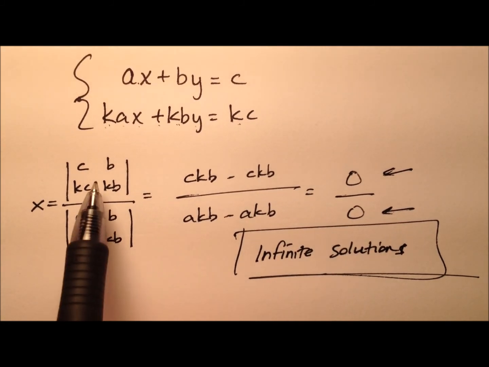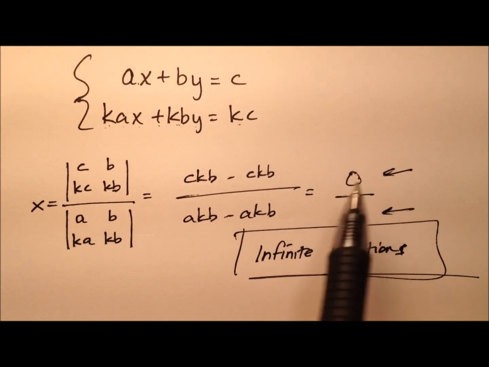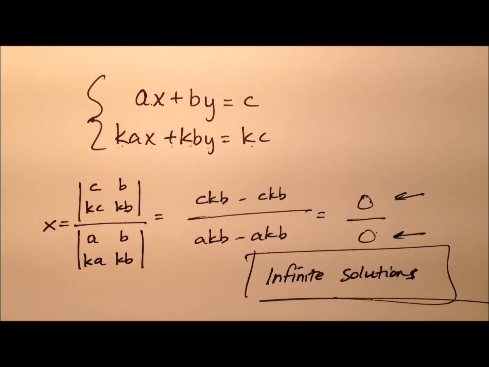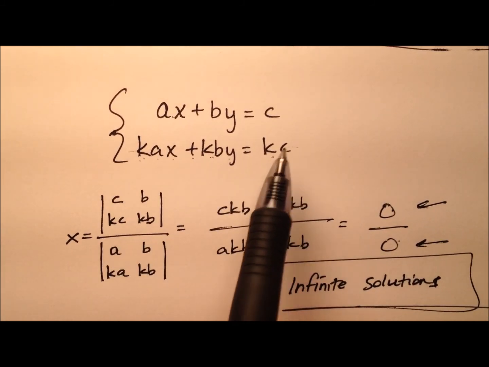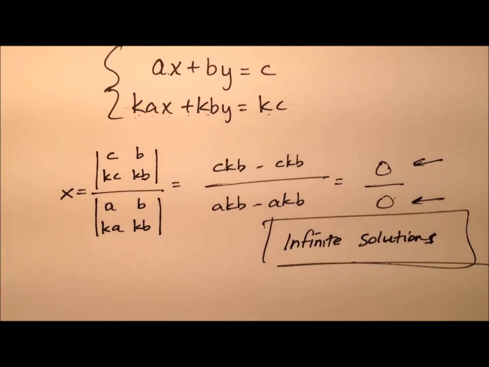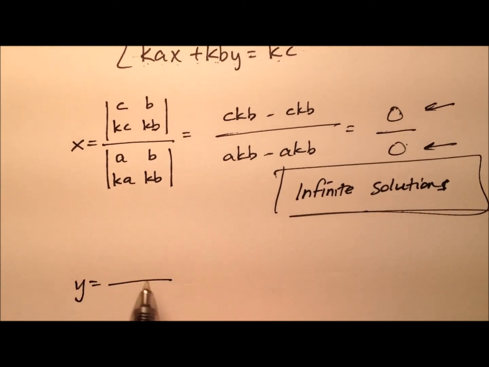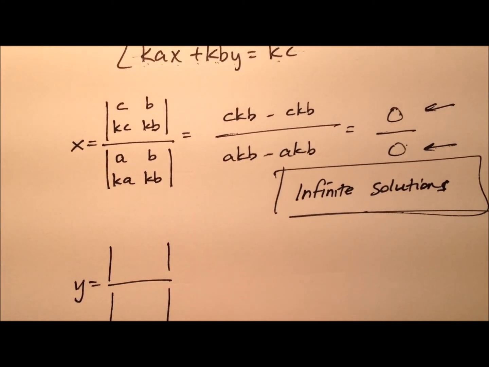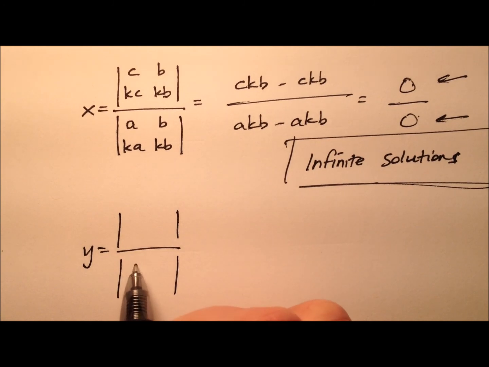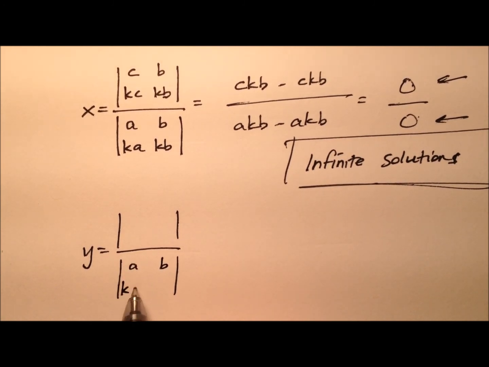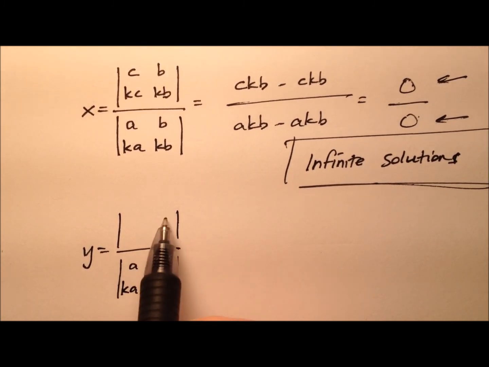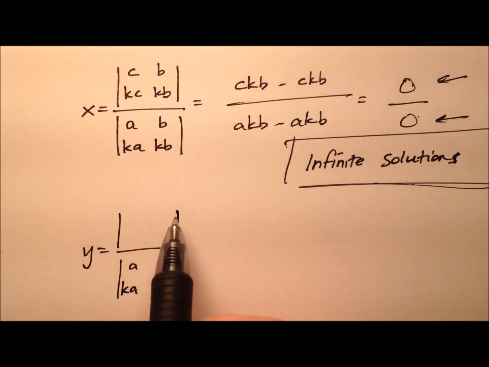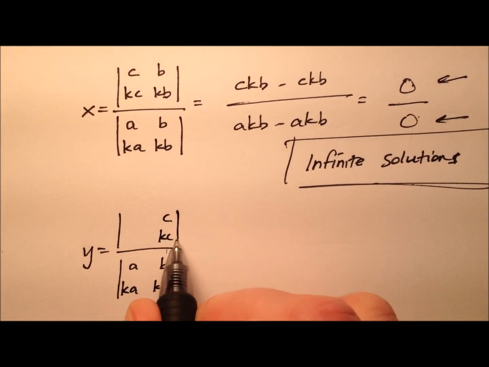And that's because everything in the numerator cancels out to 0 and everything in the denominator cancels out to 0 because one equation is strictly a scalar multiple of the other. And you'll see that y will do the same thing. We'll go ahead and do it just for good measure. So here's my coefficient matrix in the denominator, and we'll replace the y column with c and kc.